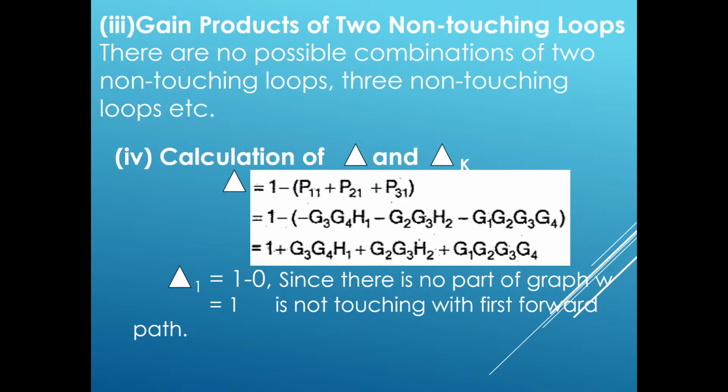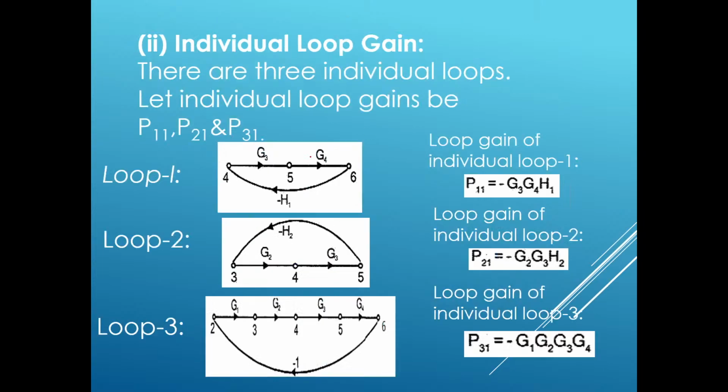Okay, so there are no possible combinations of two non-touching loops. Three non-touching loops, of course, we didn't check till now. Are all three in combination? Node 4 is common to all of them. So when 2 is not possible, we can check for 3.